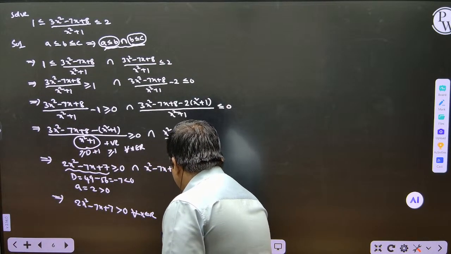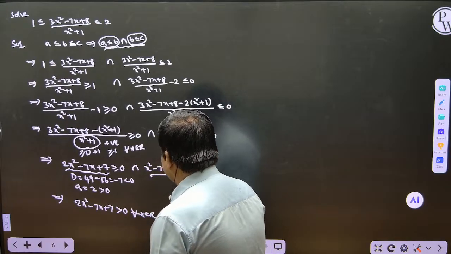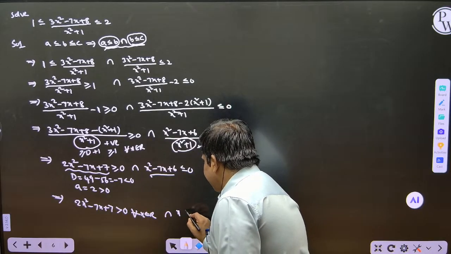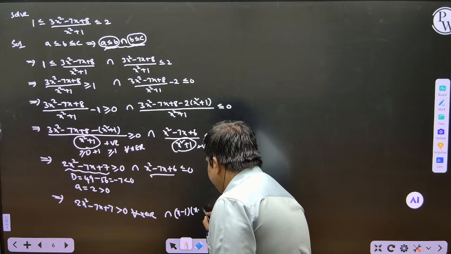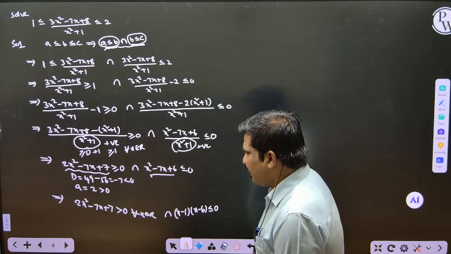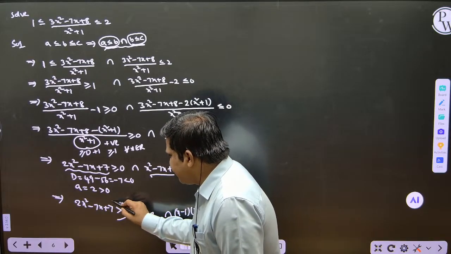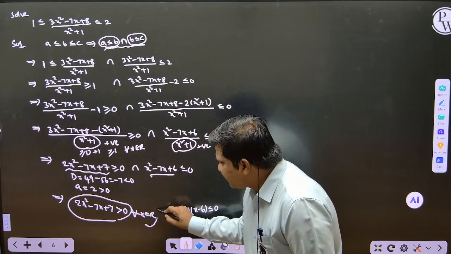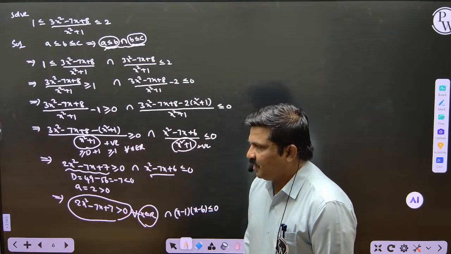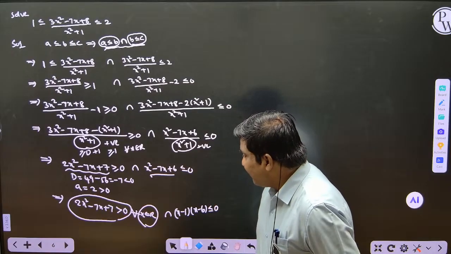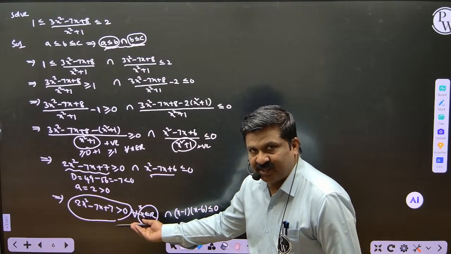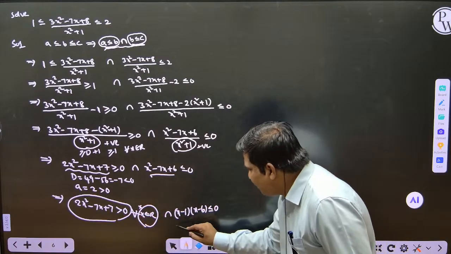And this other one is written as (x − 1)(x − 6) less than or equal to 0. Now just look here. The first is greater than 0 for all x belongs to R, meaning it is positive for all x belongs to R. That's why we can ignore it here. Then our solution depends only on this one.